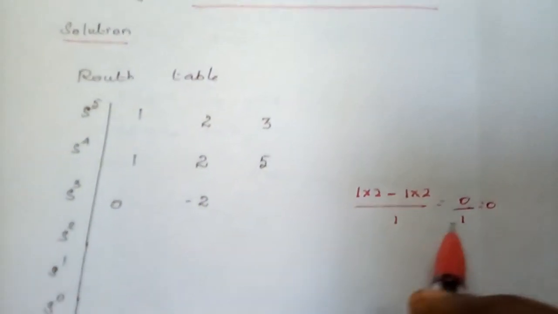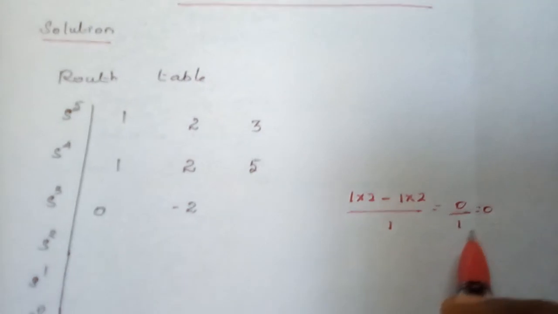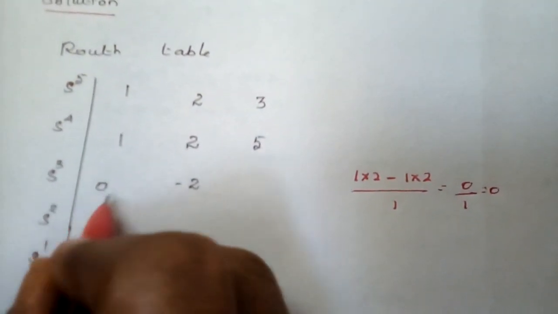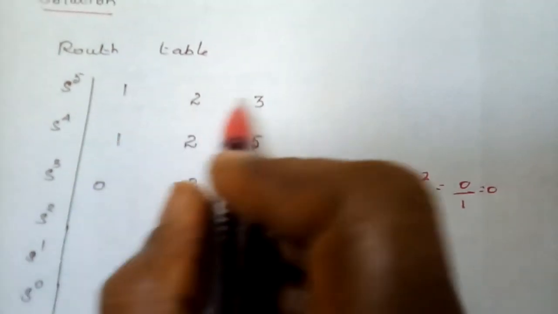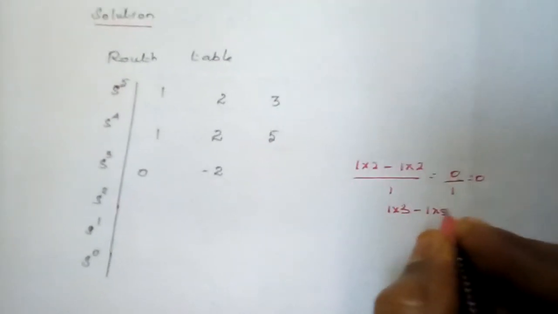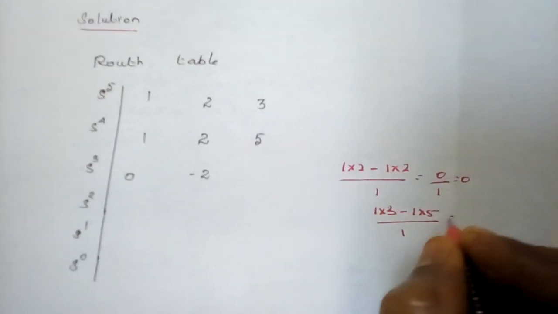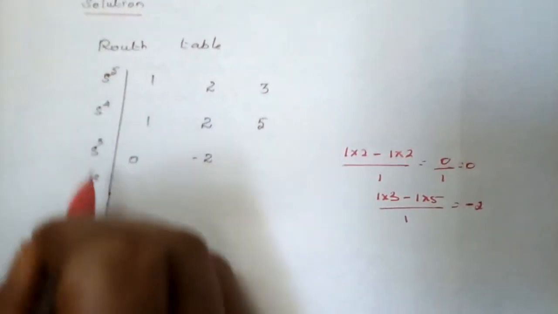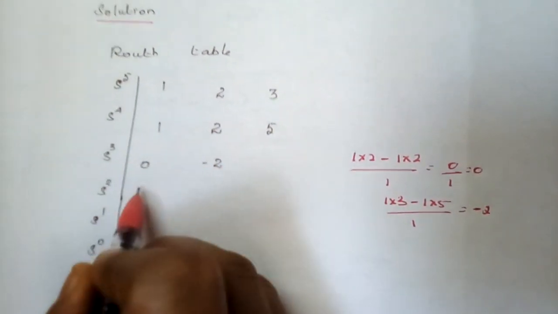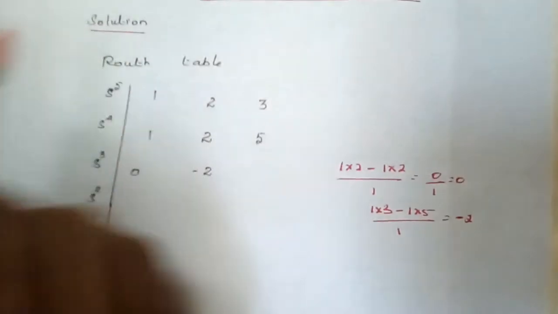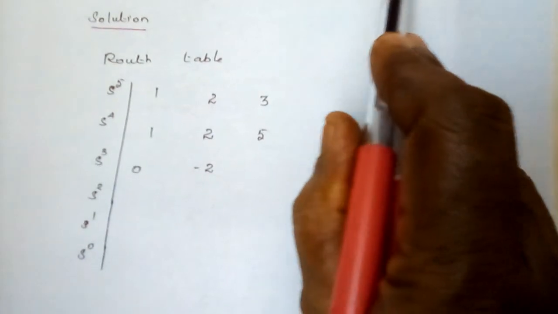So I have the first element as 0. And for the next term, 1 into 3 minus 1 into 5, divided by 1, I get minus 2. Since in the s cube row one element is 0, this stability criterion is said to be type 2.